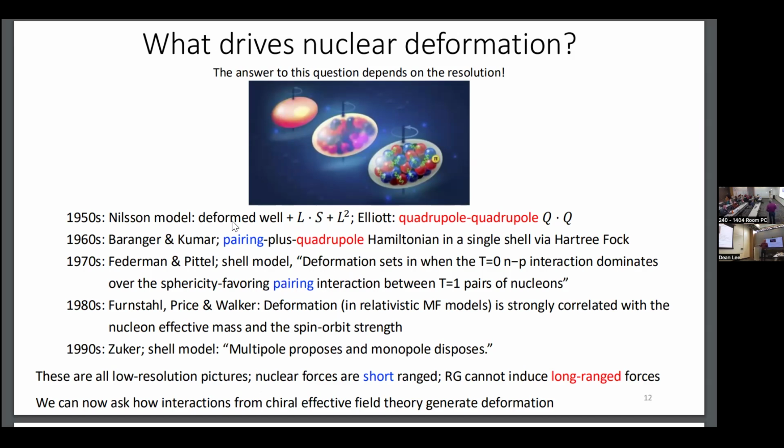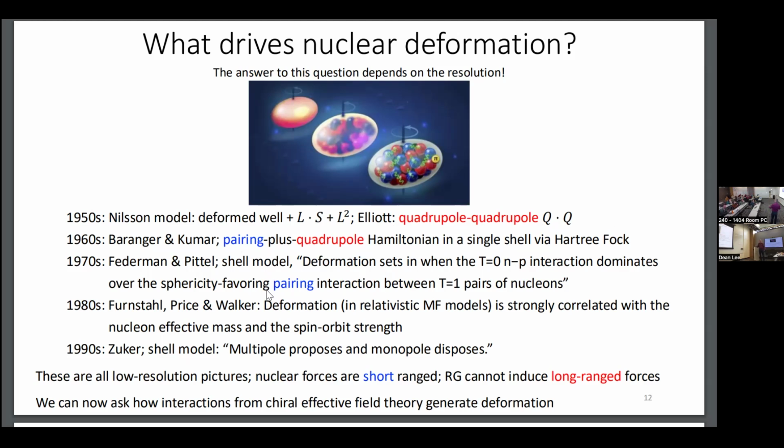Then in the 1960s, Hartree-Fock calculations used pairing plus quadrupole Hamiltonians in a single shell and explained this as a competition between pairing and quadrupole. I read it off here: deformation sets in when certain interaction matrix elements dominate over pairing. So again, this competition.